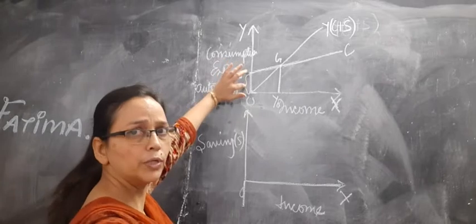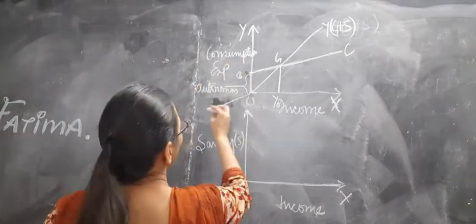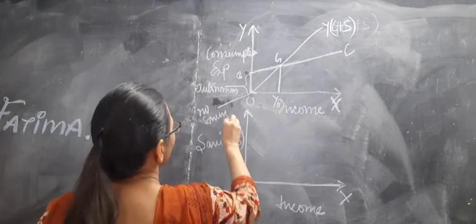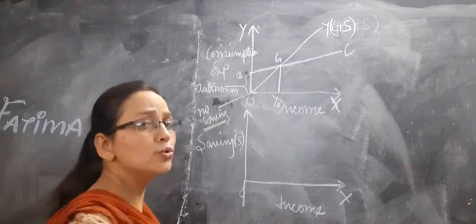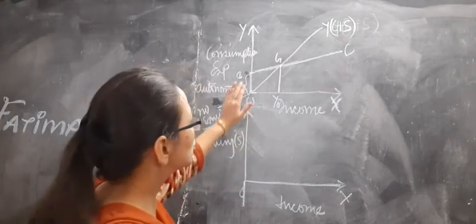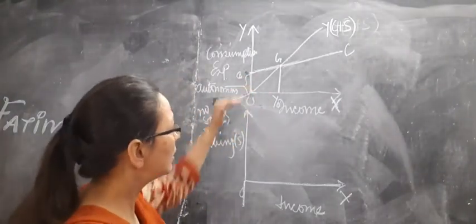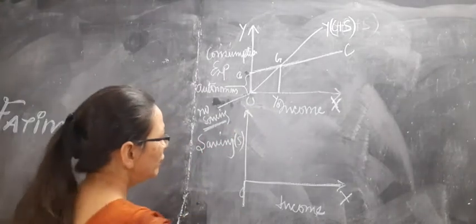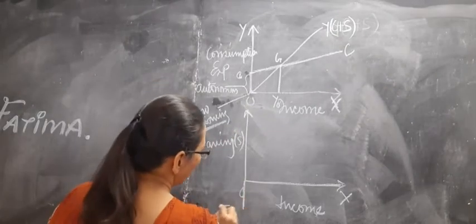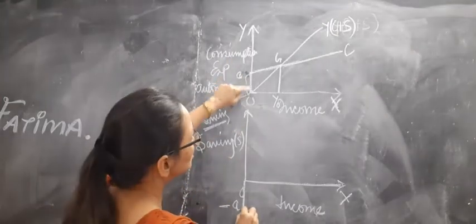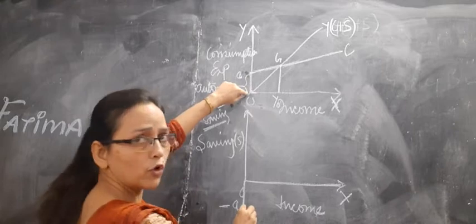This part shows no saving. Yesterday we used the term saving, but I would prefer you to say no saving, or negative saving. In the saving panel we will show the same part by minus A, because it shows negative saving of the consumer.